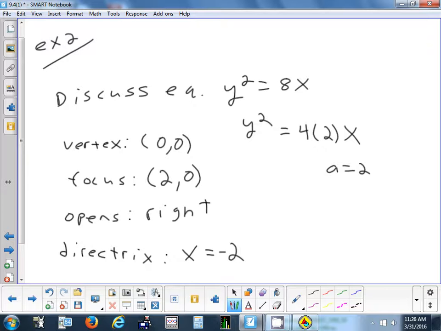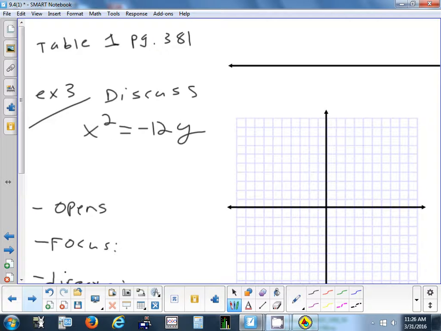All right, x squared equals negative 12y. Let's just rewrite it first. How would I rewrite that so I can identify a? Negative 4 times 3 times y. Perfect. X is squared. The number on the other side is negative.